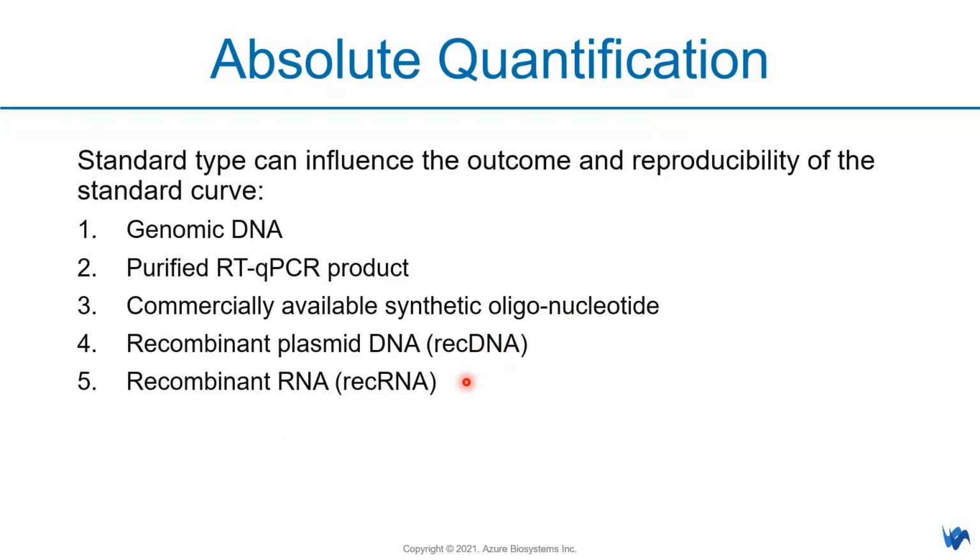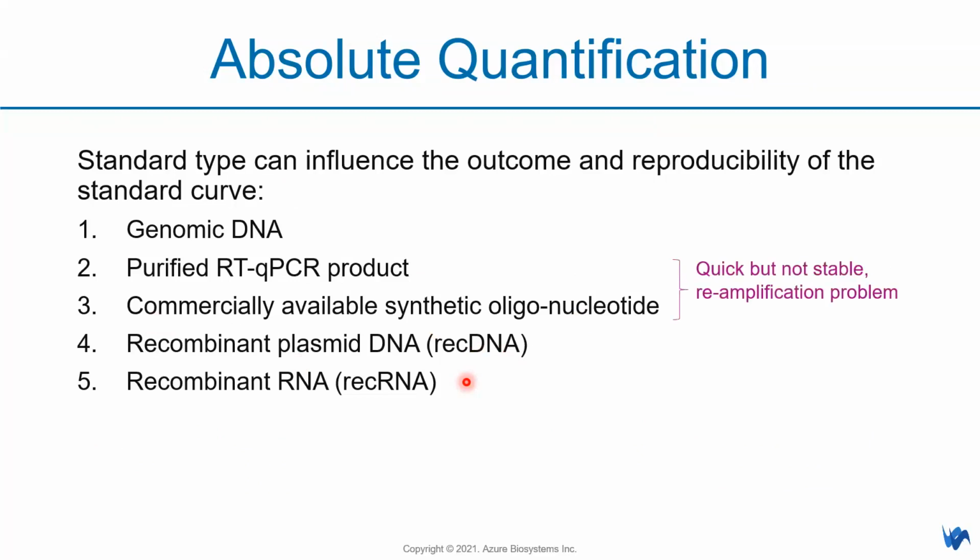You can do that as well. All these serve the purpose of giving you a reproducible standard curve every single time, and so that you know your unknown sample has the same efficiency as your standard.